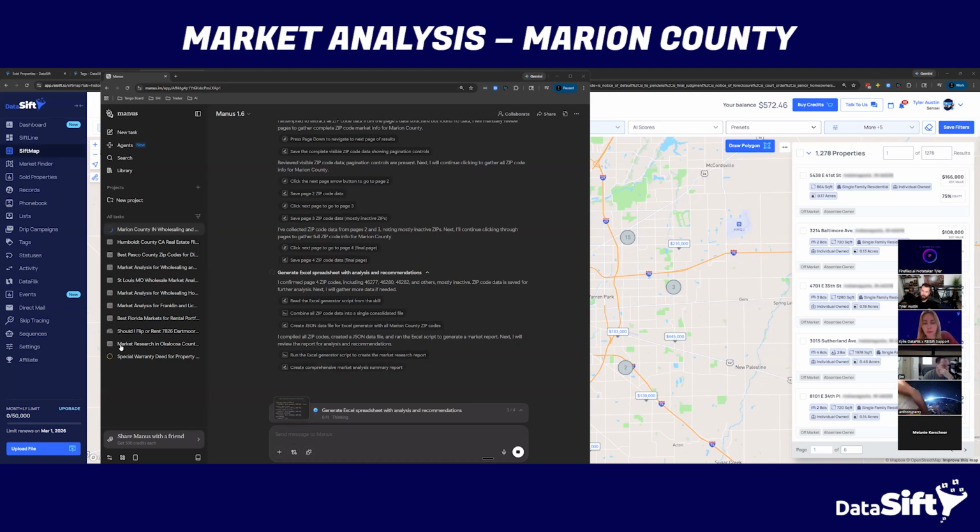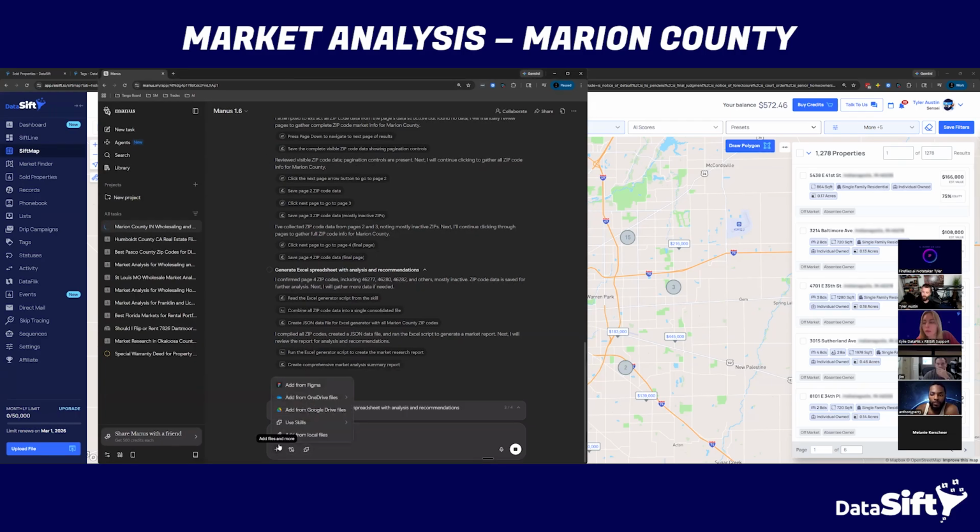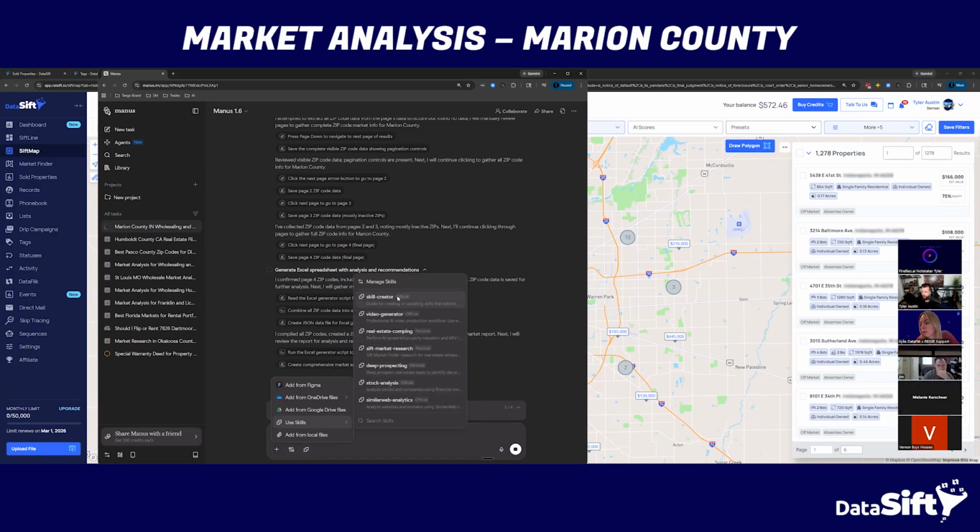So the actual skill is in the 5-day deal flow challenge thing. Ty had made it. He basically trained it based off of one of my market analysis trainings, and it's taught to do exactly what I did. When you add it, if you go to add a skill, you click on this little plus button, you say use skills, and you use their default skill called skill creator, and then you drop the zip file in there, and then it builds the skill.